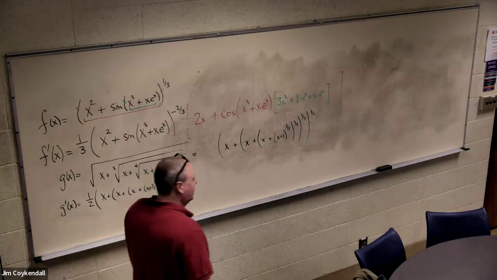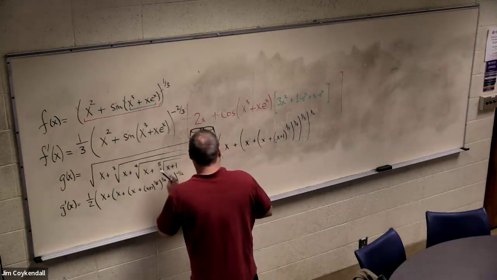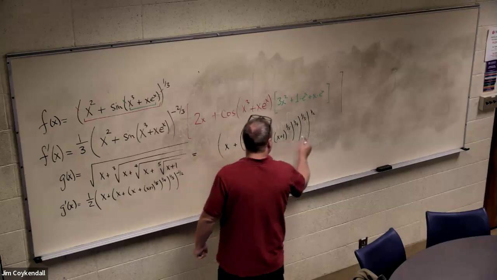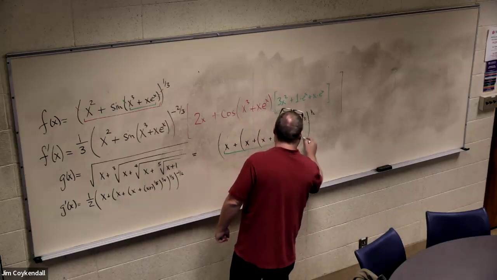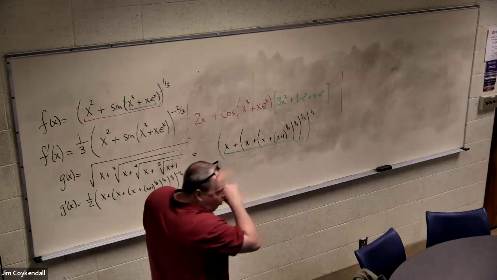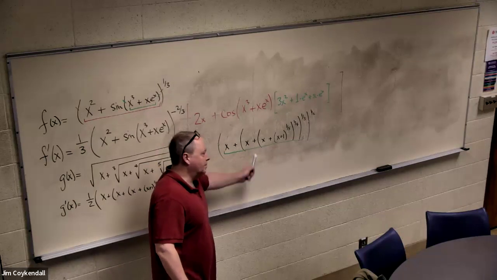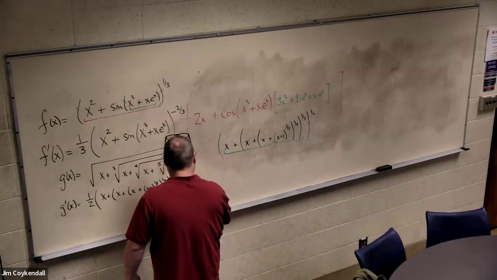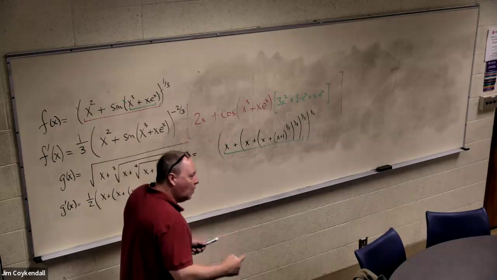Now I have to multiply by the derivative. I'm going to run out of color tone in this. So I have to multiply the derivative of what's inside here, which is the humble x plus a mess. The derivative of x is 1.